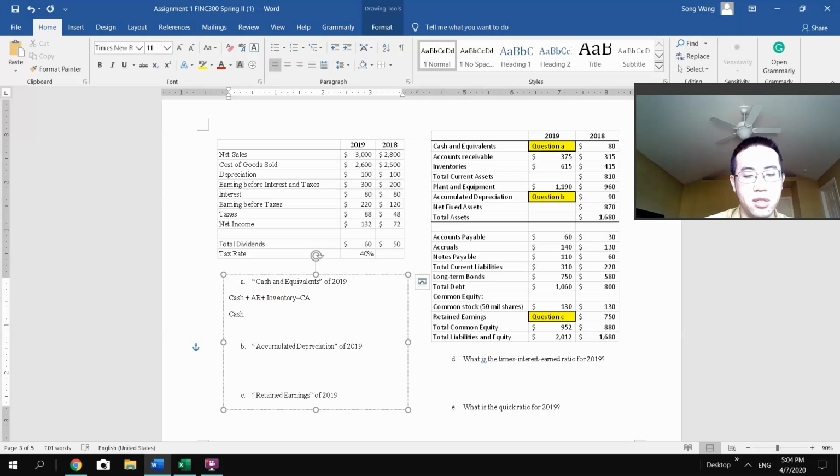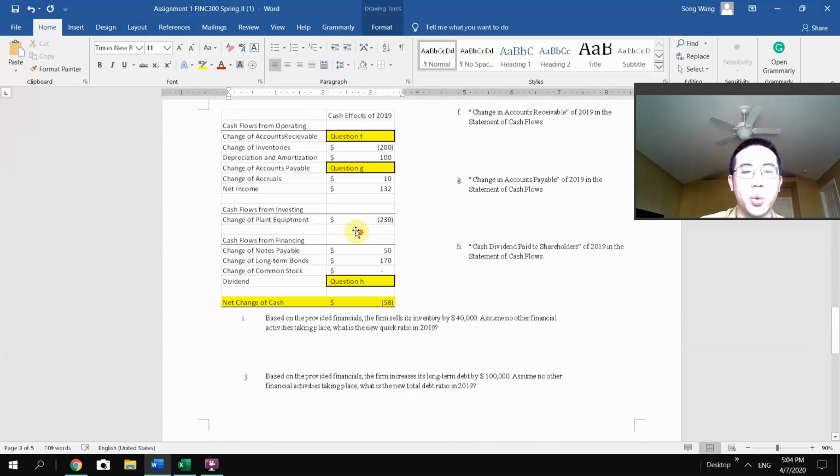That is, cash in 2019 equals the cash in 2018 plus the net change of cash, the net change of cash in the statement of cash flows. So the company had $80 cash a year ago, and it wants to know how much cash it will end up with in 2019, so you should know how much the cash would change.